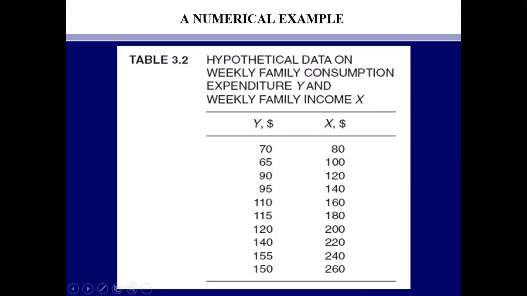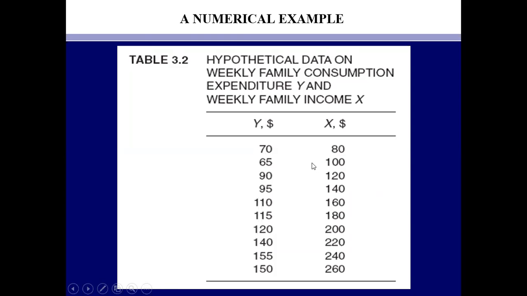The data on the screen right now is the same data that you saw in sample 1 from table 2.4, a sample of size 10 from table 2.1, which was considered as the population. We have the y values here, the dependent variable, and the x values here: hypothetical data on weekly consumption expenditure, y, and weekly family income, x.